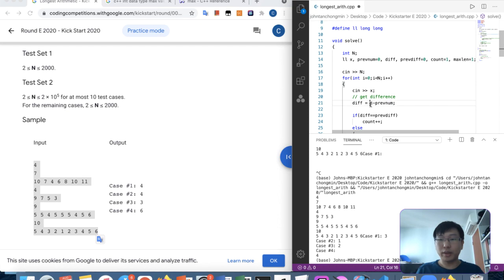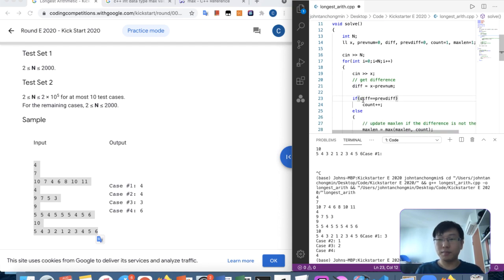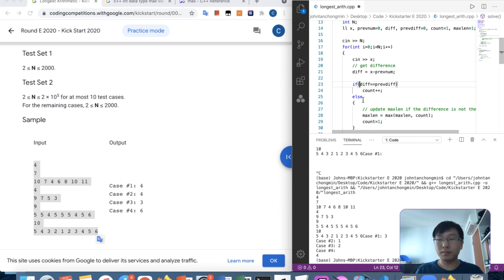The difference equals x minus previous num, which is set to be 0 here. So if previous num is 0, then this doesn't affect the diff. Let's see.